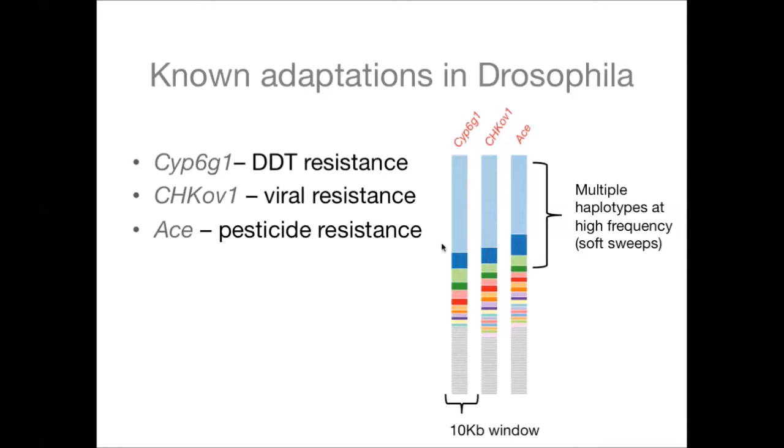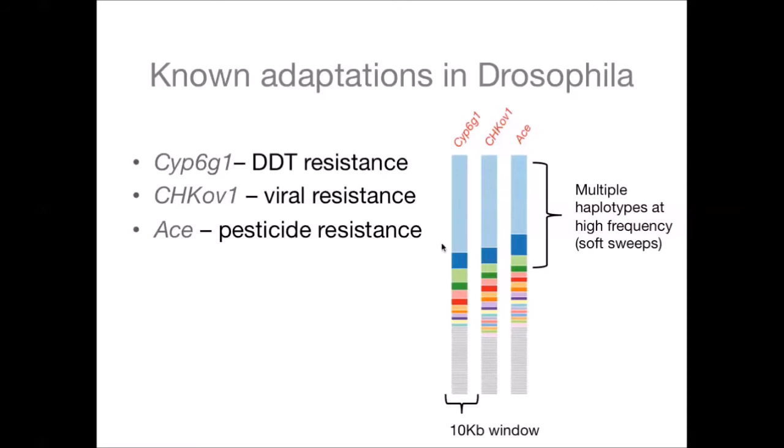Now, importantly, they were not originally discovered via genomic scans, and instead were discovered by in-depth PopGen analyses and experimental studies. And so the question is, how many more soft sweeps are there? And crucially, at the time when I started this work, methods for detecting selection were expressly developed for looking for hard sweeps, not for soft sweeps.